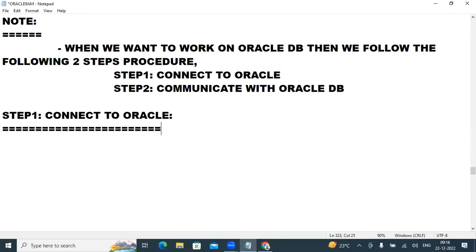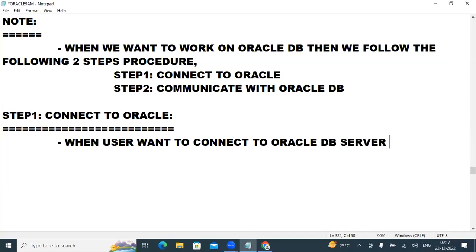Before you want to work on Oracle, we need to connect. For connectivity purposes, some tools are required. The tool I already told you about is the SQL Plus tool. When a user wants to connect to the Oracle database server, we need a database tool.